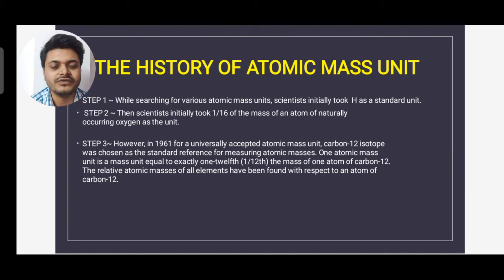Step 3: however, in 1961, for a universally accepted atomic mass unit, the carbon 12 isotope was chosen as the standard reference for measuring atomic masses. One atomic mass unit is a mass unit equal to exactly 1/12 the mass of one atom of carbon 12. The relative atomic masses of all elements have been found with respect to an atom of carbon 12.